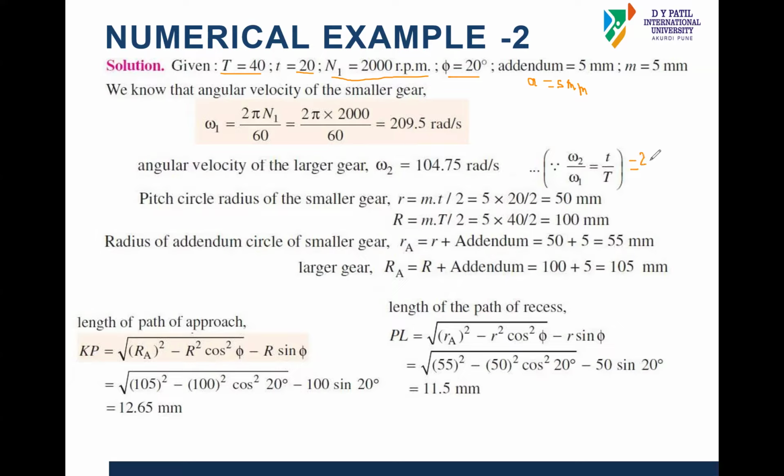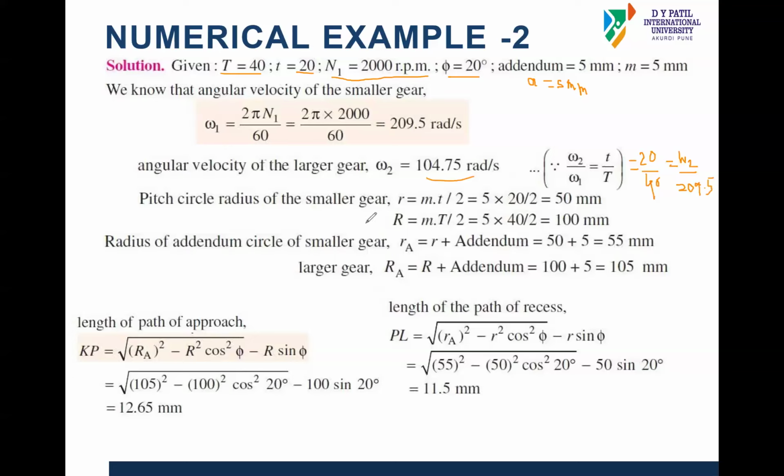Capital T, the number of teeth on gear, is 40. So 20 upon 40 equals omega 2 upon omega 1. Omega 1 value is available, that is 209.5. So if we put that in, we'll get the value of omega 2, that is 104.75 radian per second.